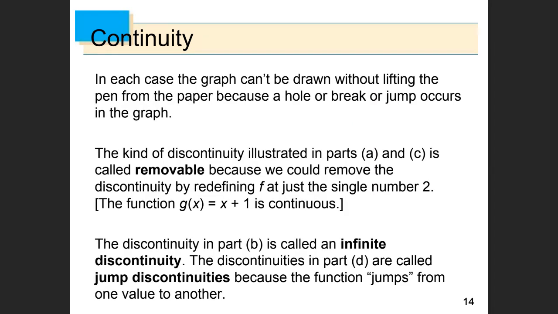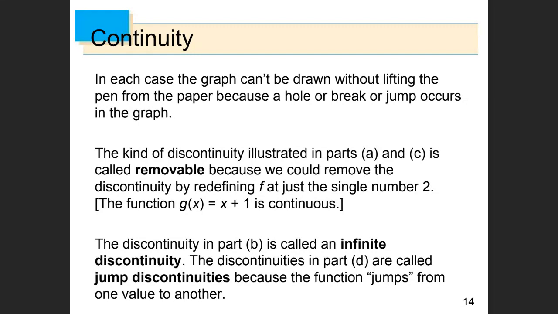Okay, now there are different kinds of discontinuity, guys. You need to pay attention because I've done it many times in the past. I can give you a question and say, where is this function continuous? You give me where it's continuous, and I say, but if there is a discontinuity there, what kind of discontinuity is it? You tell me what kind it is, and I ask you, how can you fix this?